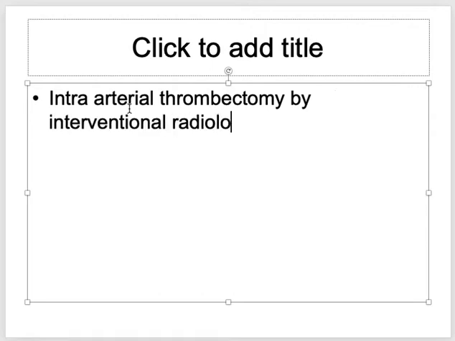This is not available everywhere. They have very good outcomes, but they need specialized people with all the equipment, because you are going to remove the thrombus, so very sophisticated things should be there to do that.